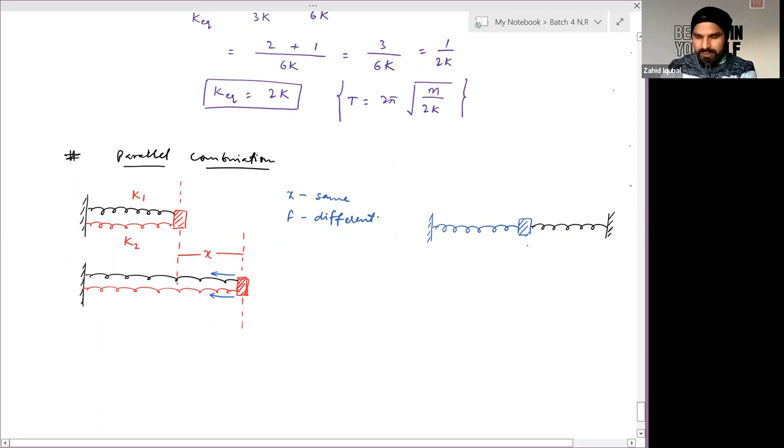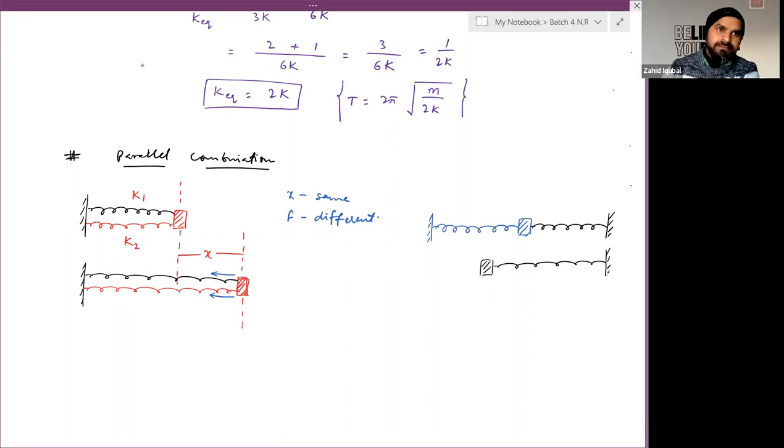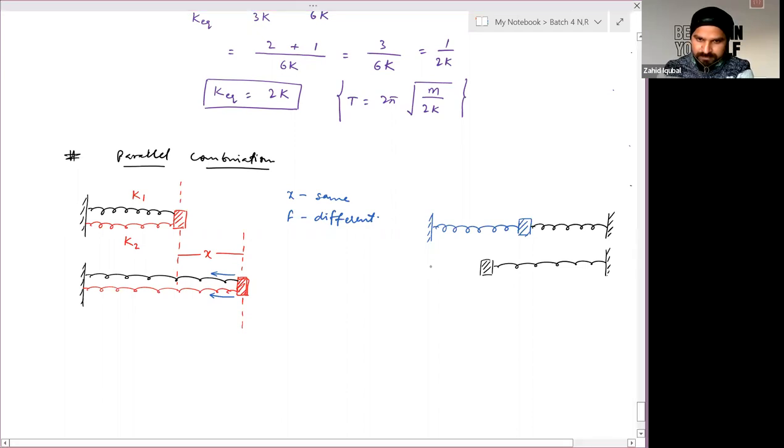Now, if you move this block towards any one side, this was the initial position, that is the mean position.